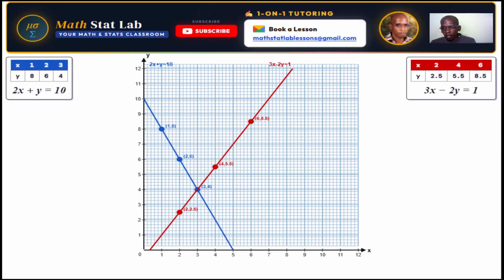So it's like this, the intersection is here, and if I go down, I read the value for x on the x-axis, it is 3, so x is 3, and y is 4, because on the y-axis, they intersect at 4. So now our solutions are x is equal to 3 and y is equal to 4.